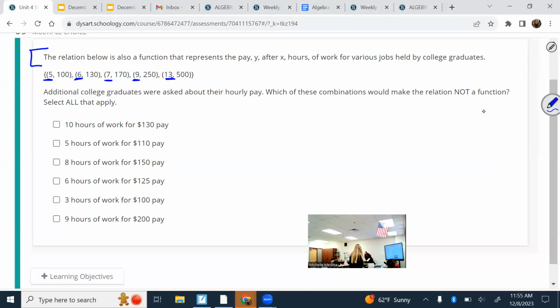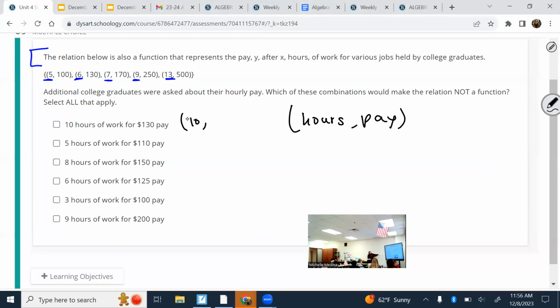To write it as a coordinate, you need to know what's your input and what's your output. Is the hours worked my input, or is the pay my input? Okay, so it goes hours and then pay. So all of these are sorted hours first and then the pay.